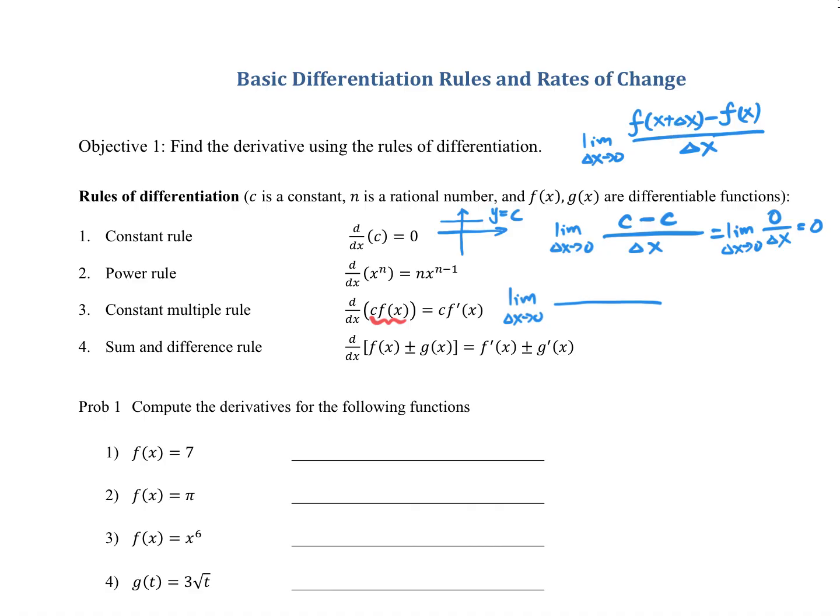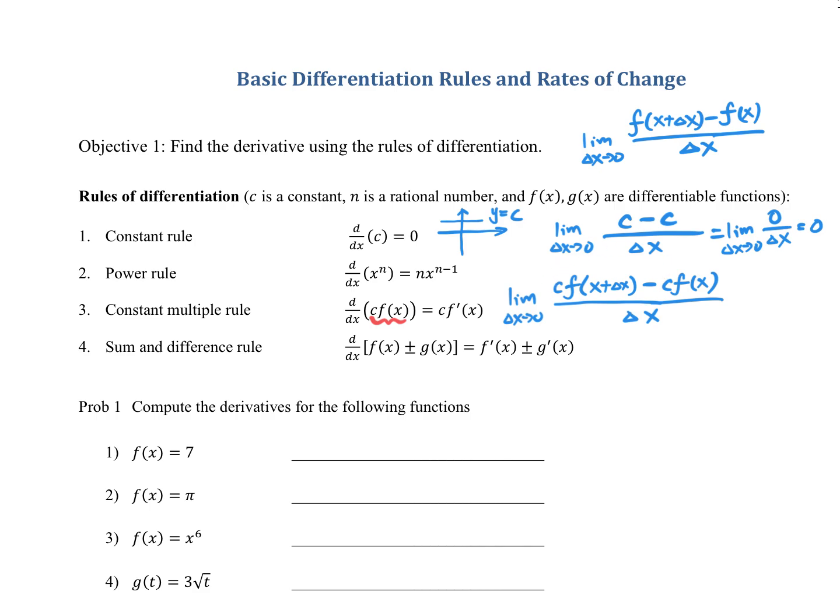So therefore, the function should be c times f of x plus delta x minus this function evaluated at x, which is c times f of x, divided by delta x.